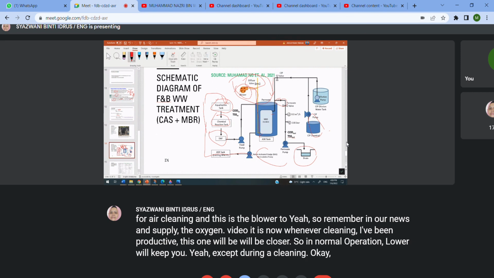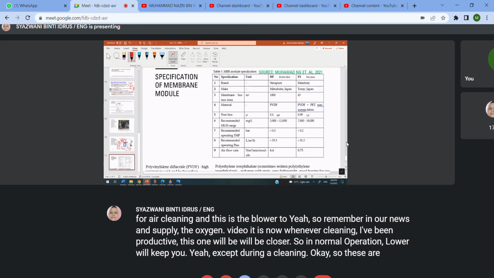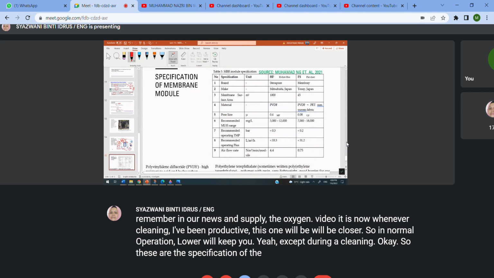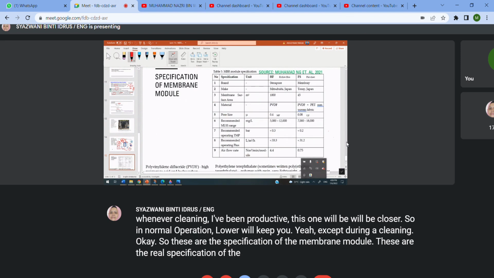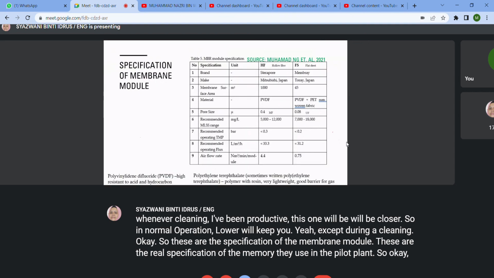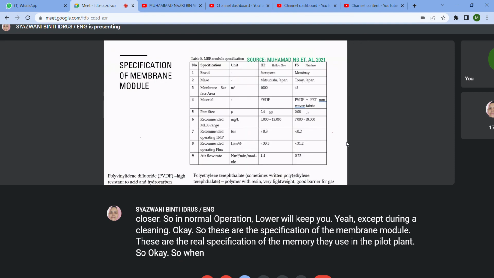These are the specifications of the membrane module, the real specifications for the membrane bioreactor used in the pilot plant. They use ultrafiltration.